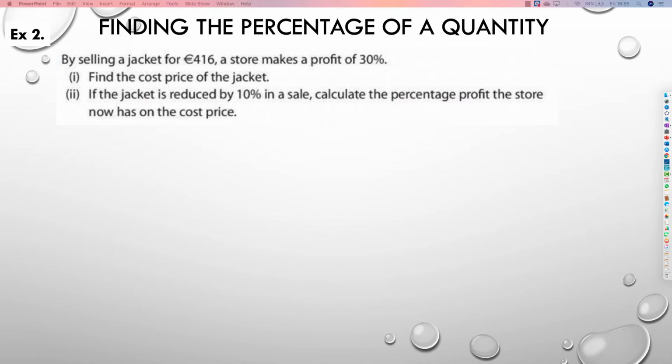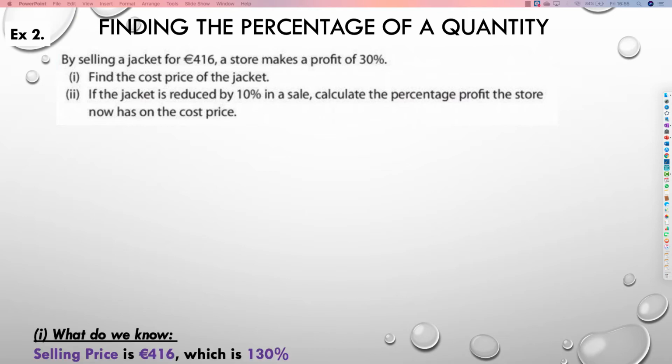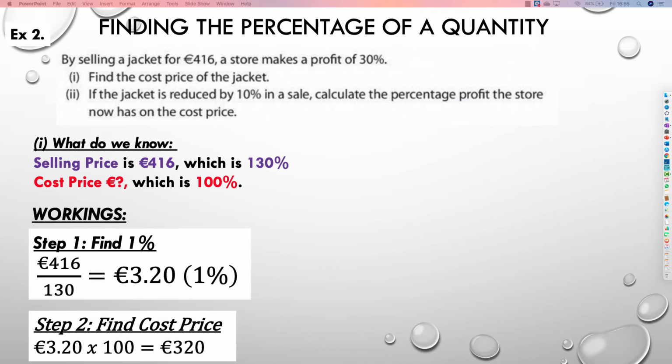And how are we going to find 100%? Divide by 130, meaning 1%. And multiply by what? Multiply by 100, good girl. Get that for me. Yeah, 320 euro. Good stuff. Right, there's the first bit.